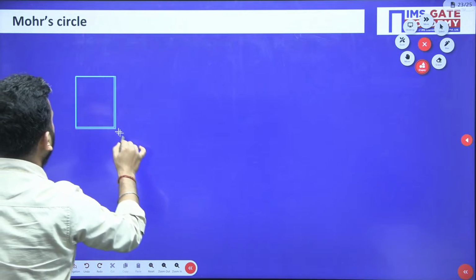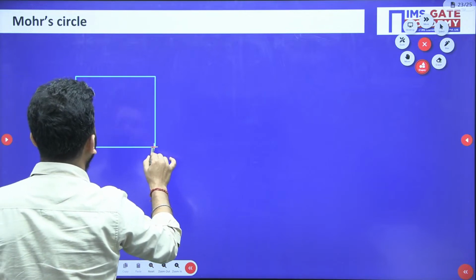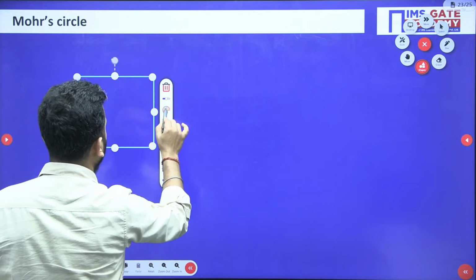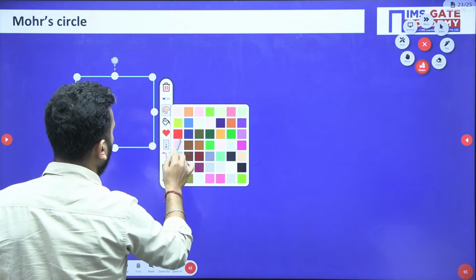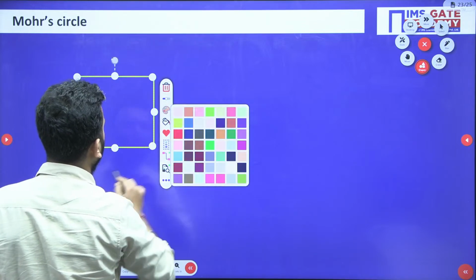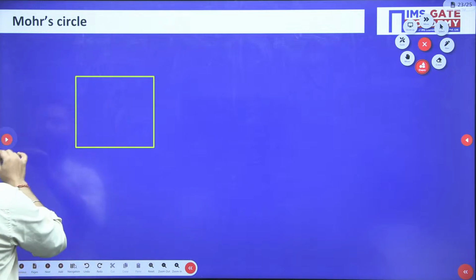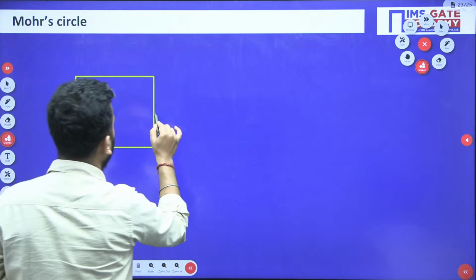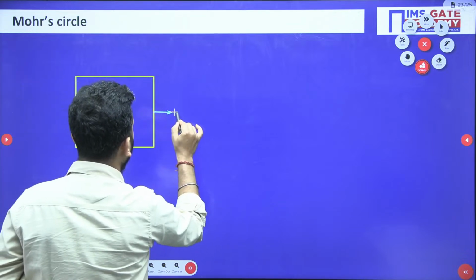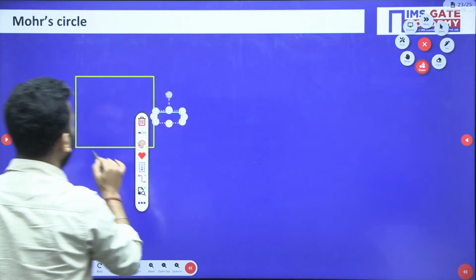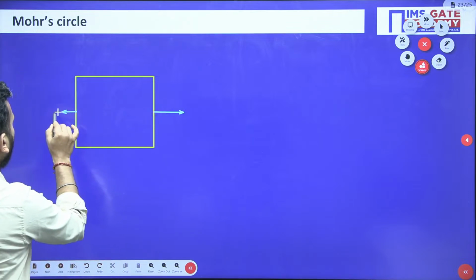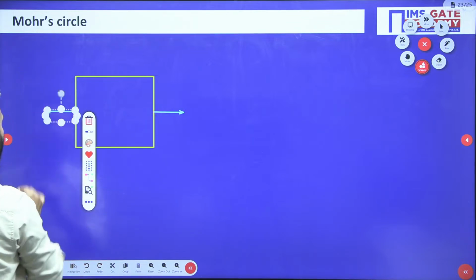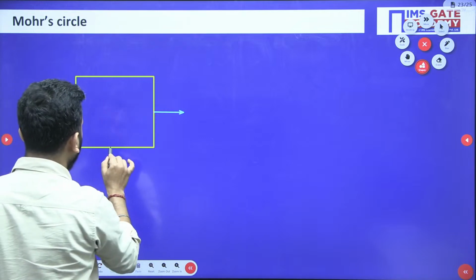So first of all, let me draw the diagram. I am discussing this concept. This is the 2D stress condition, that is the planar stress condition, or 2D, whatever you want to say.